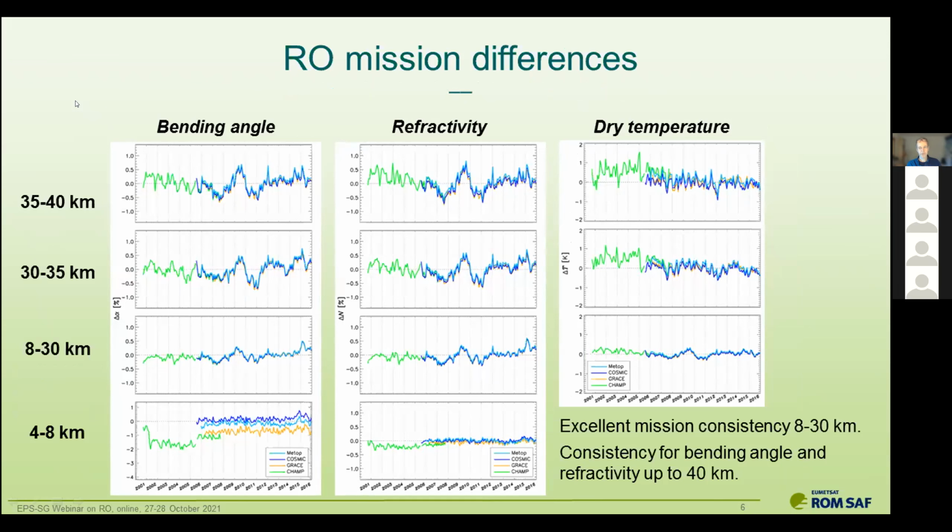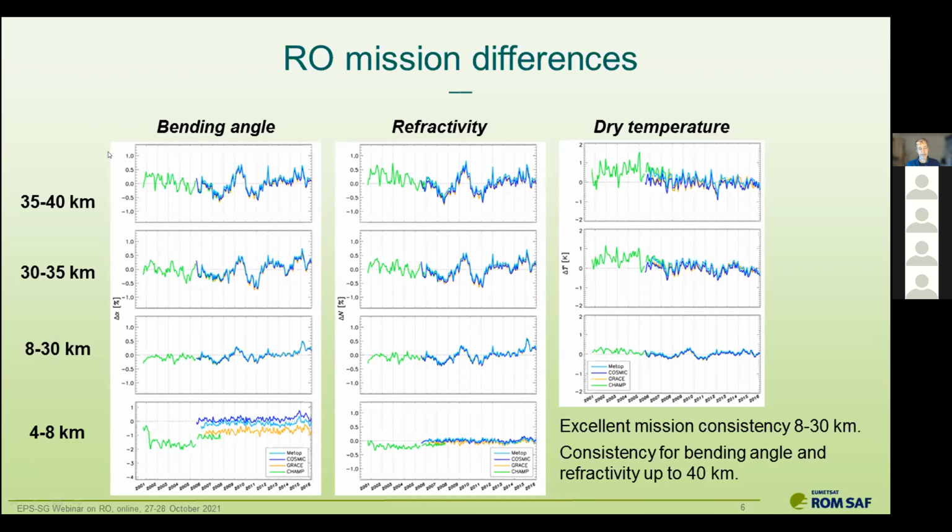MSU instruments, for example, and many other instruments that observe radiances, rely on intercalibration between missions and instruments to be able to form long time series. But in the case of RO, there is an expectation that we can actually put together data from many different satellites, and they will work as a continuous time series.